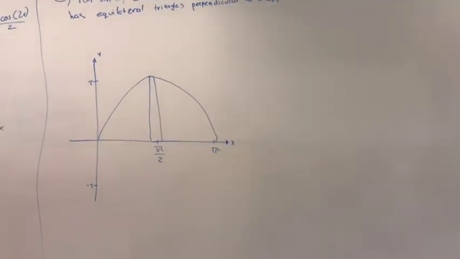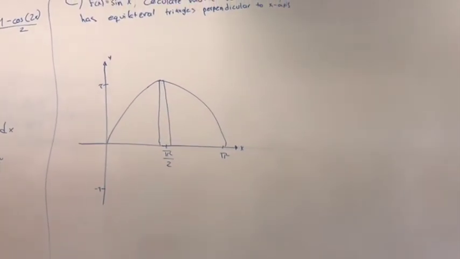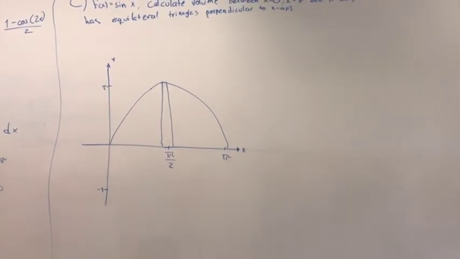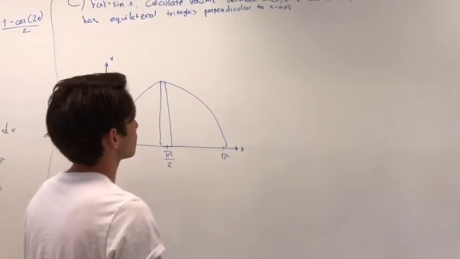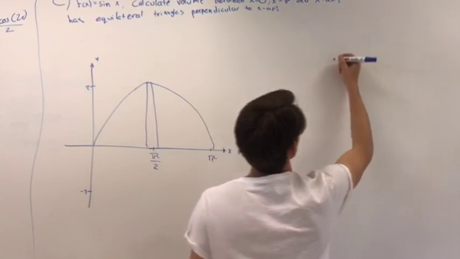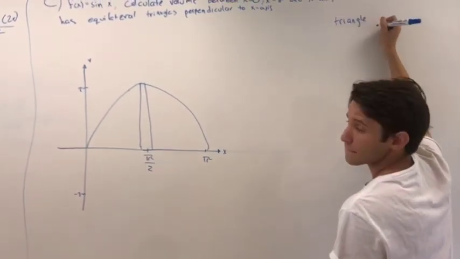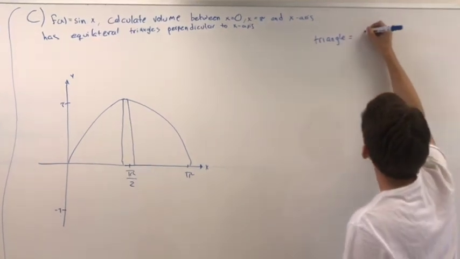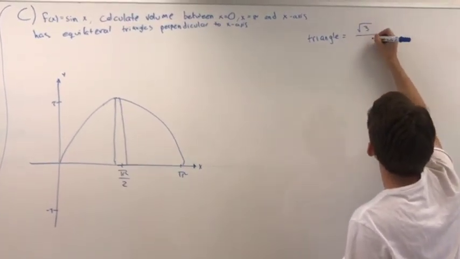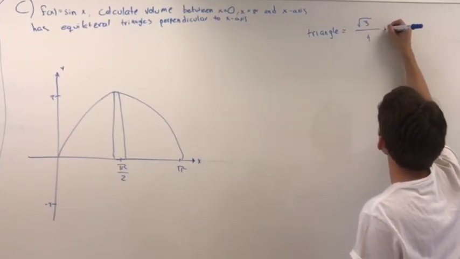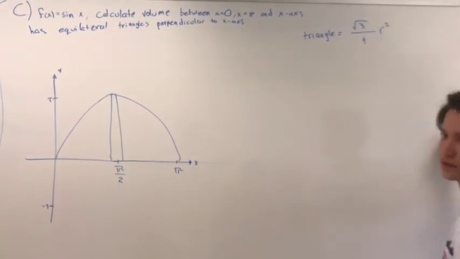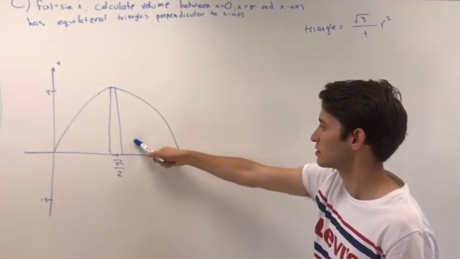And we have the same procedure as the last one, but the formula for the triangle is square root of 3 over 4 radius squared. The radius here is sine of x.